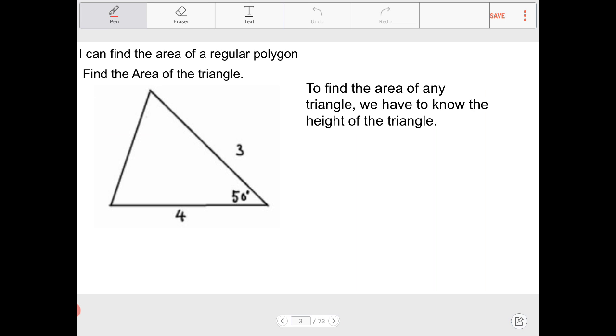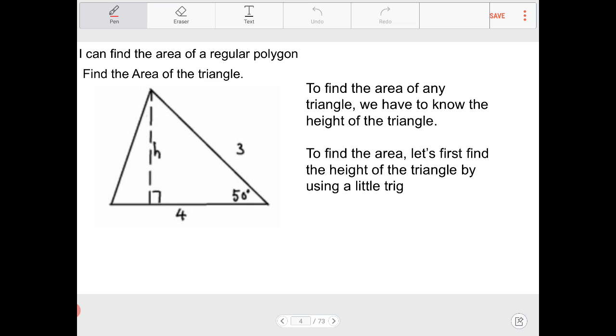So how are we going to find the area of this triangle if we are not given the height? In order to find the area, let's first find the height of the triangle by using a little trig.